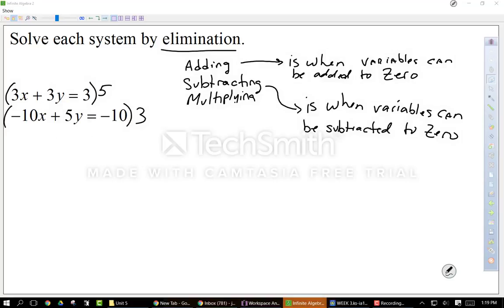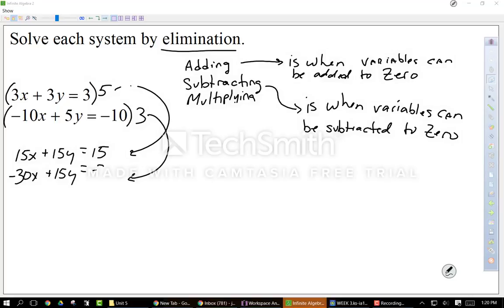So if I multiply the top one by 5, I get 15x plus 15y equals 15. Well, that's easy. This bottom one, if I multiply, I get negative 30x plus 15y equals negative 30. So now let's solve. If I add these together, my y's don't actually cancel.